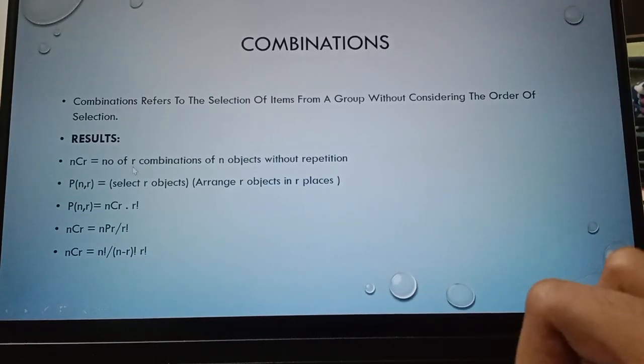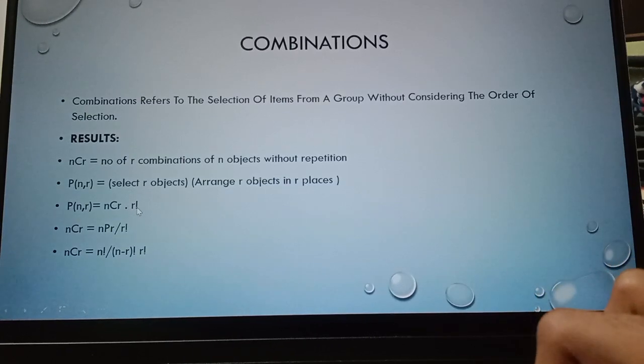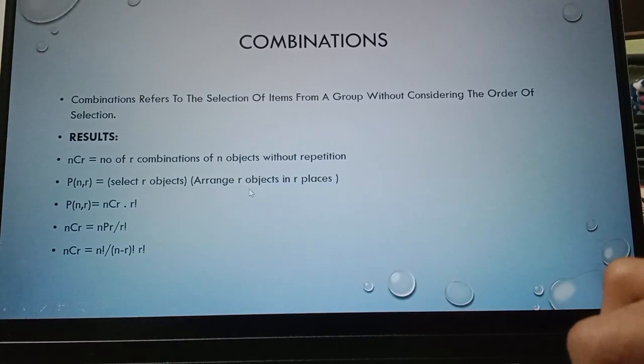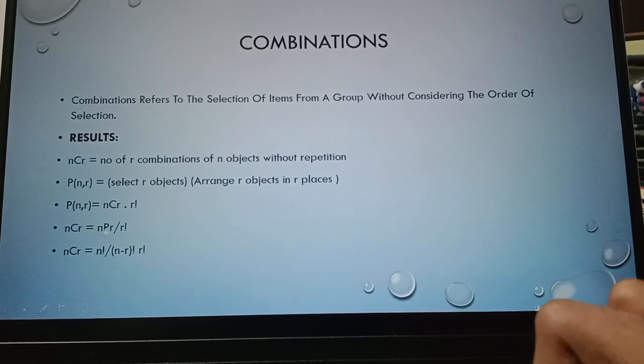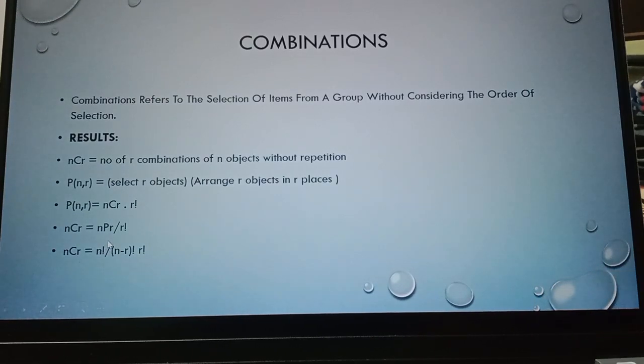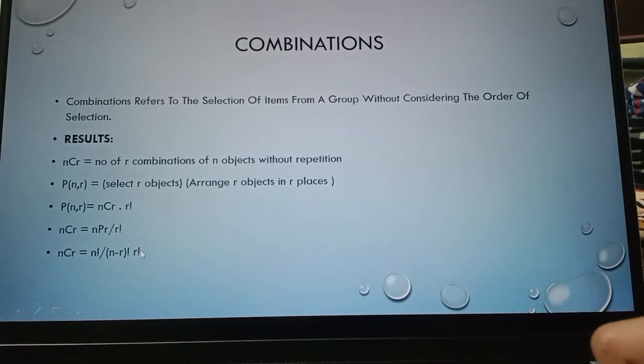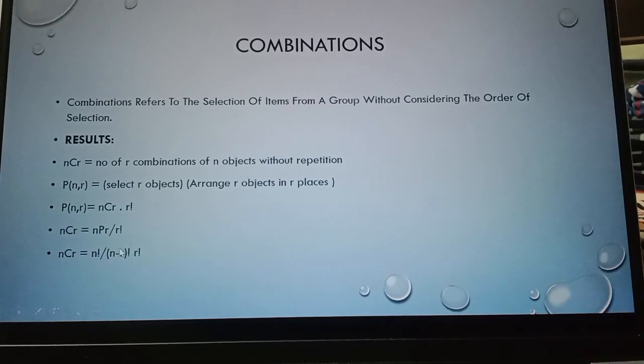So nPr equals nCr into r factorial. R objects in r places means r factorial. So from that we get the nCr formula: nCr equals nPr by r factorial. So what is nPr? As I mentioned before, n factorial by (n minus r) factorial. So nCr equals n factorial by (n minus r) factorial into r factorial. This is the formula for nCr.